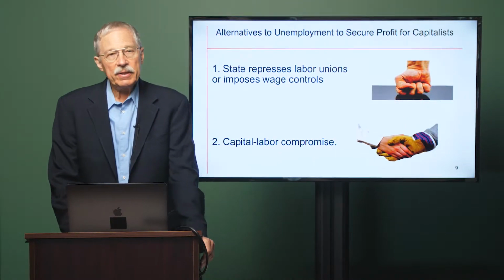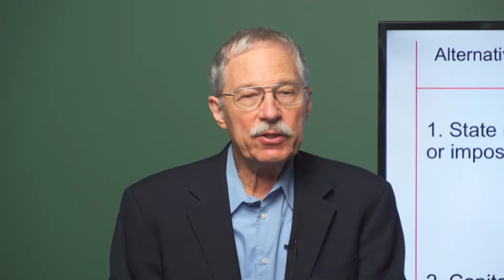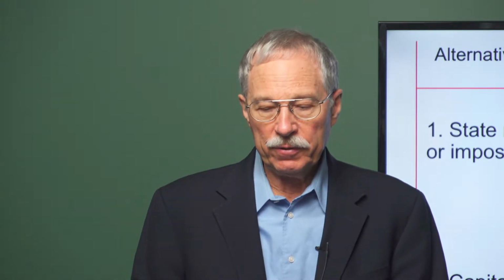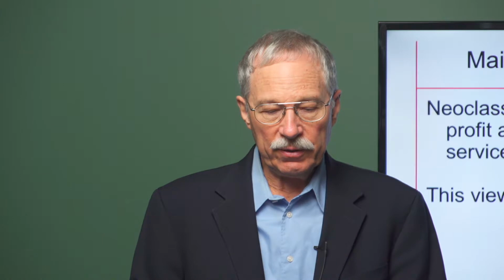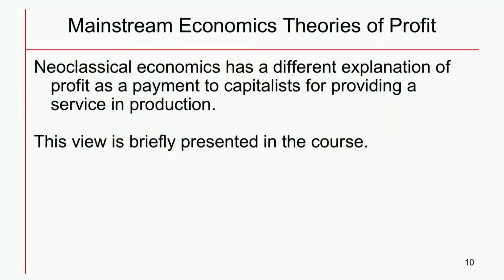Now, this explanation of where profit comes from in capitalism is the explanation offered by the political economy approach. Mainstream neoclassical economics does offer different explanations for the origin of profit, based on some kind of payment to capitalists for providing a service in production. I do not have time to go into this here, but you will find it in some of the other course resources.